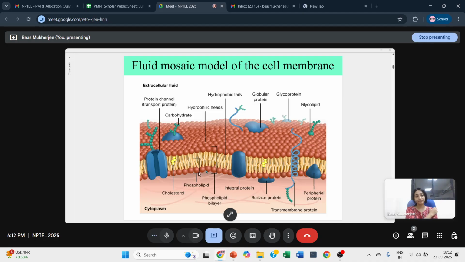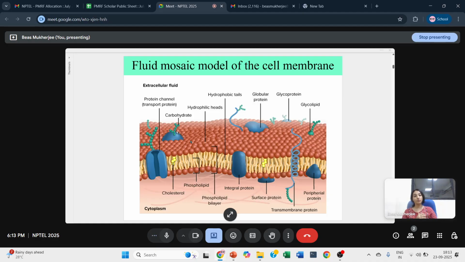That liquid has different kinds of ions and different kinds of other molecules. This can be the cytosol and it can also be the extracellular matrix. Now there are proteins that you can see present on this phospholipid bilayer. These are the peripheral proteins, and then there can be proteins that span the entire lipid bilayer, and these are called integral membrane proteins.